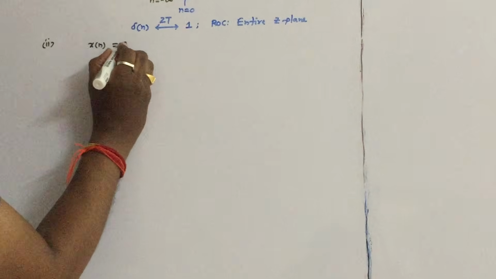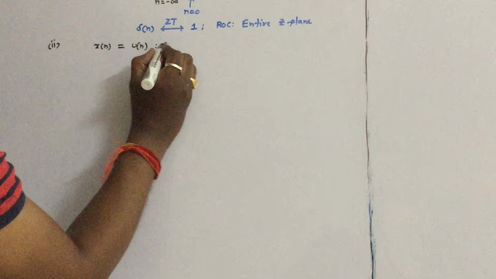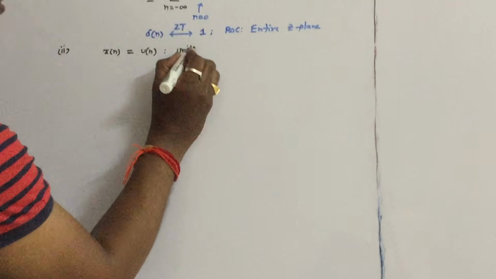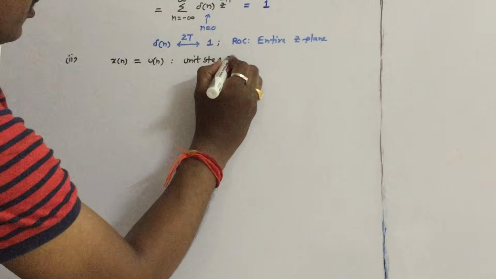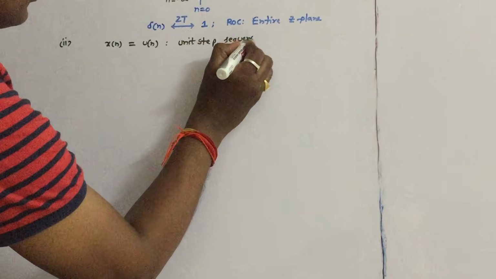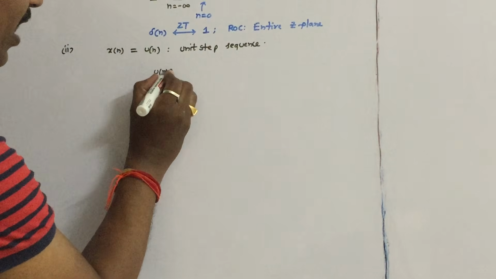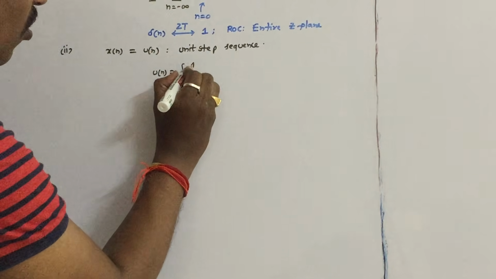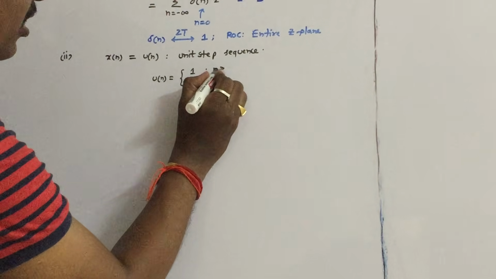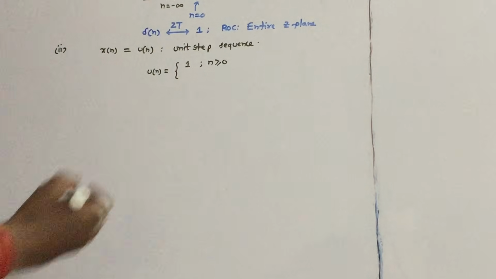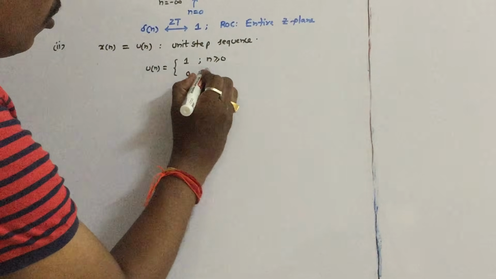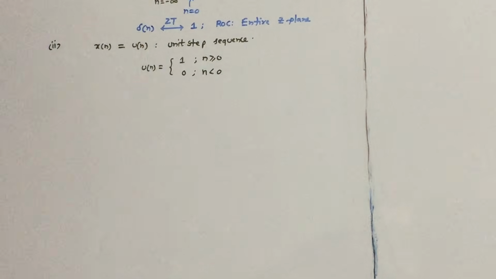Second one, x of n is equal to u of n. So this is called the unit step sequence. As you know, the definition of unit step sequence, u of n is equal to 1 for n greater than or equal to 0. All the sample values are 1 on the right side, and 0 for n less than 0.